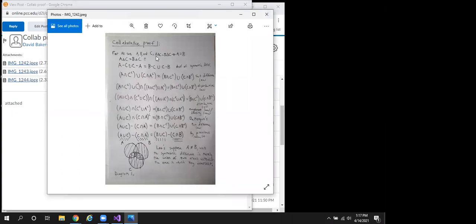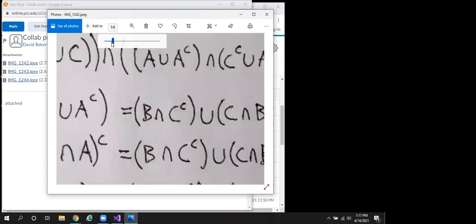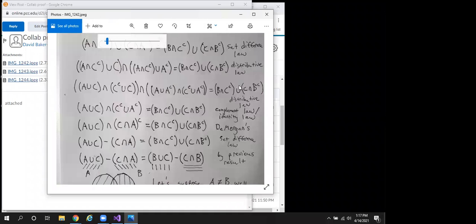So if A triangle B equals B triangle C, then A equals B. Okay, and I like that Venn diagram down here. That's a good one. Let me zoom a little bit. There we go.